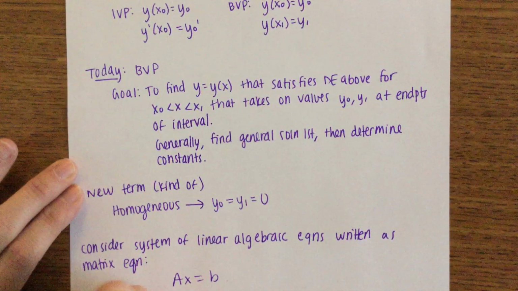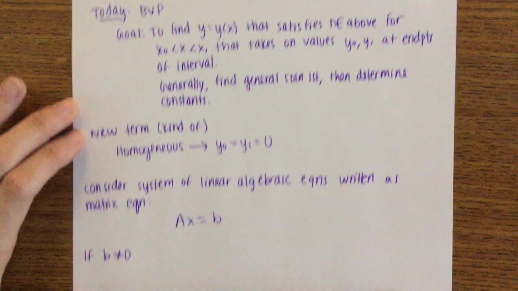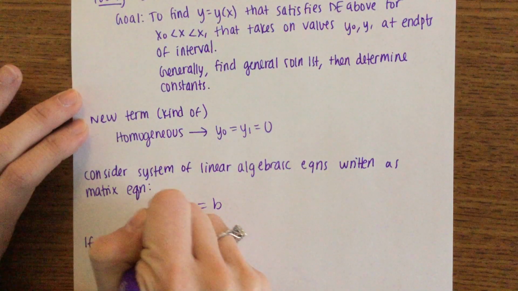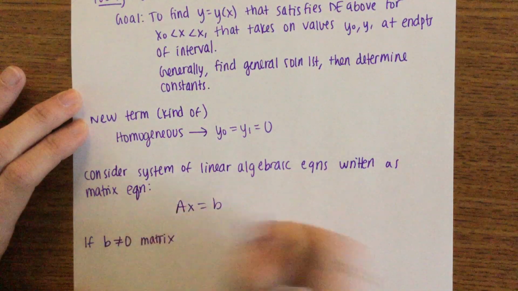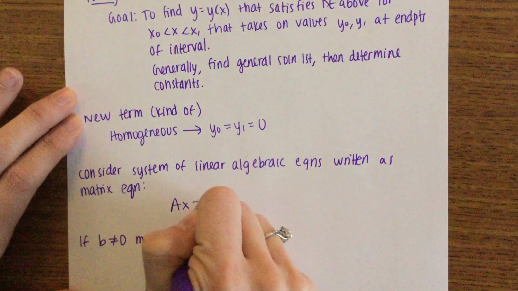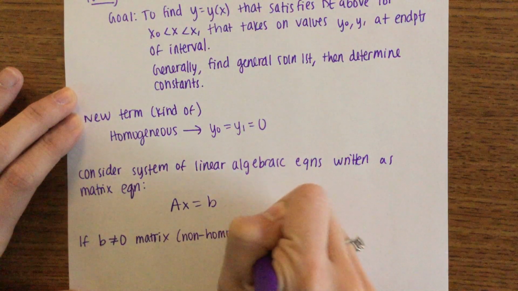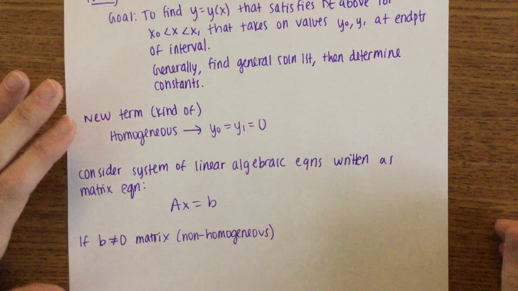Okay, first let's consider the case where b does not equal 0, or does not equal the 0 matrix. If b does not equal the 0 matrix, then this would be non-homogeneous, or similar to a non-homogeneous boundary value problem.